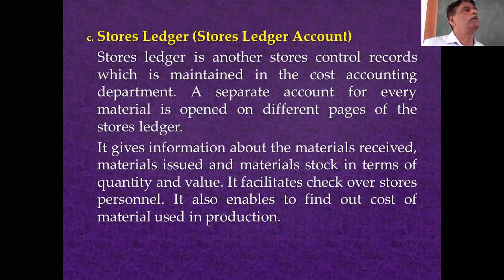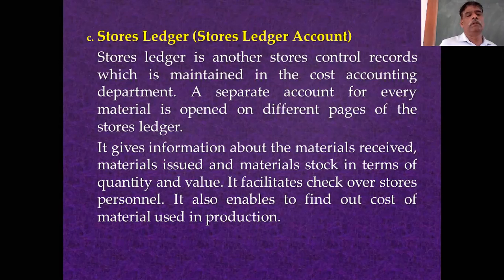If there is any difference between the store ledger and the store, then the store personnel is not working properly. If the store ledger and the material in the store are the same, we say that the storekeeper and store personnel are working properly. Therefore, this is maintained, and it enables us to find out the stock cost of material used in production.